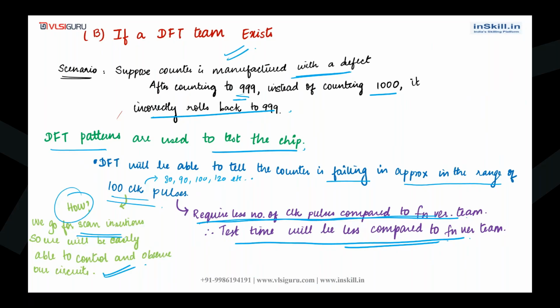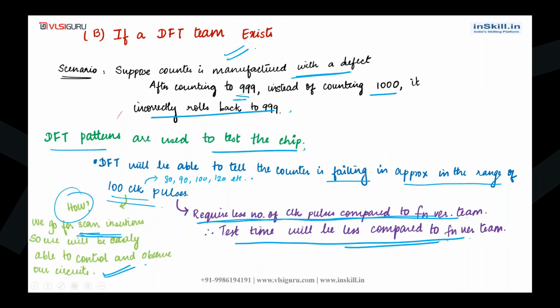That's the reason why, with the DFT team, we are able to tell that the counter is failing in significantly fewer clock cycles. So the DFT team implements scan insertion, and because of that we are able to easily control and observe our circuit.